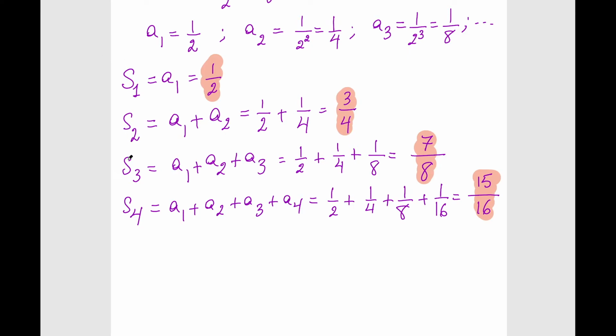Remember, S sub i is the ith partial sum, and they can form a sequence. S1 is 1/2, S2 is 3/4, and so on. I can keep going. Sn is going to be the sum of the first n terms. So the sequence is shaping up as such: 1/2, 3/4, 7/8, 15/16, and so on.